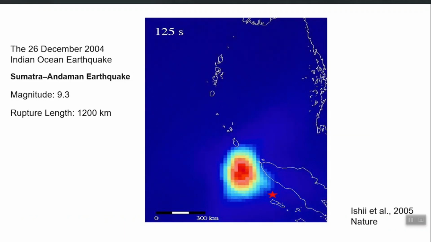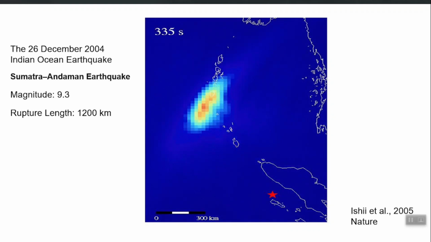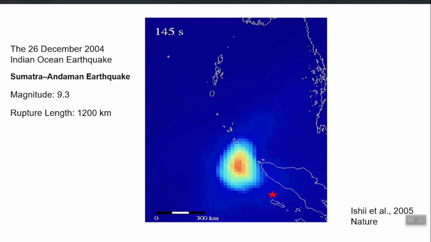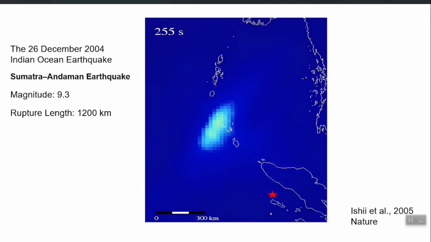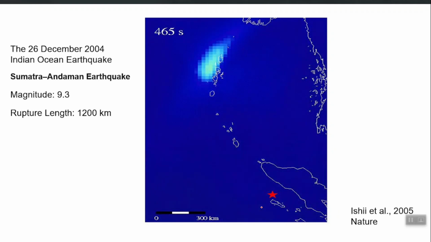This is another example from the Sumatra Andaman earthquake, which caused that great tsunami in 2004-5. So this is the slip, which is mapped with different colors, and you can see a timer here. This star symbol is showing the epicenter, right? And this is a point under which the slip originated or started.